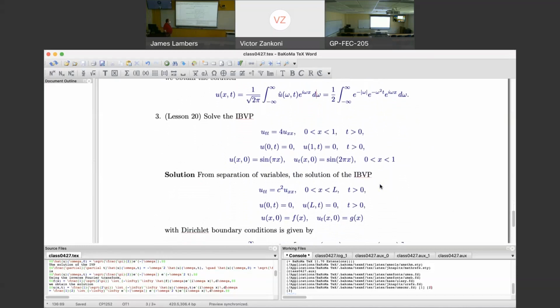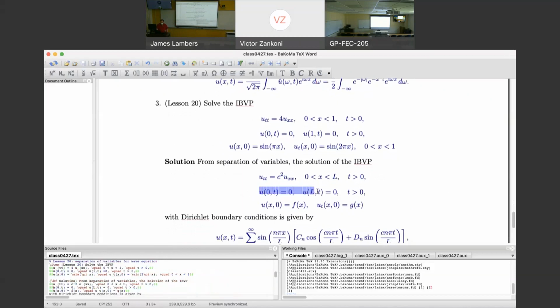This is another separation of variables problem, this time for the wave equation, lesson 20, which is on the finite vibrating string. Again, note the boundary conditions. In this case, the solution is 0 on the boundary.